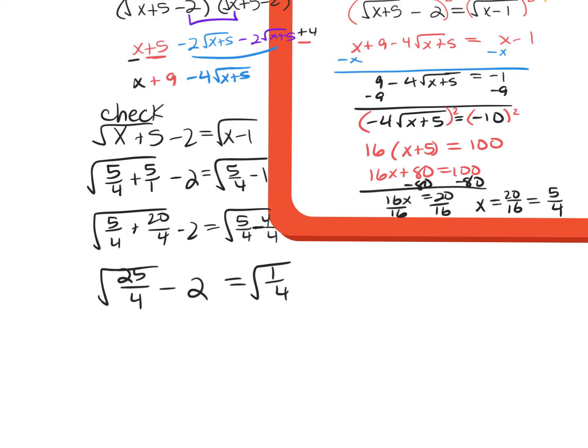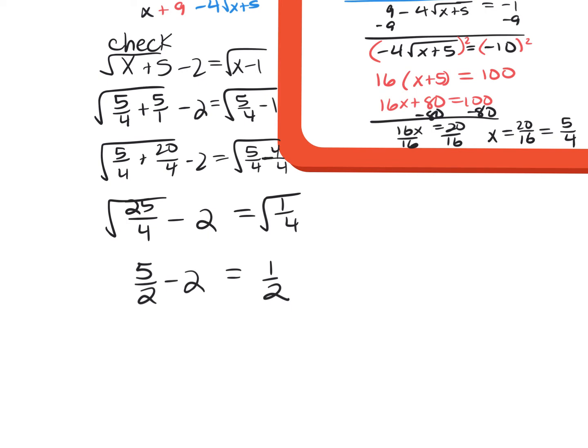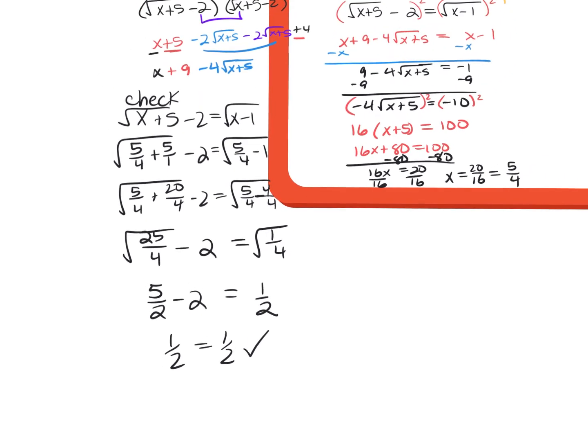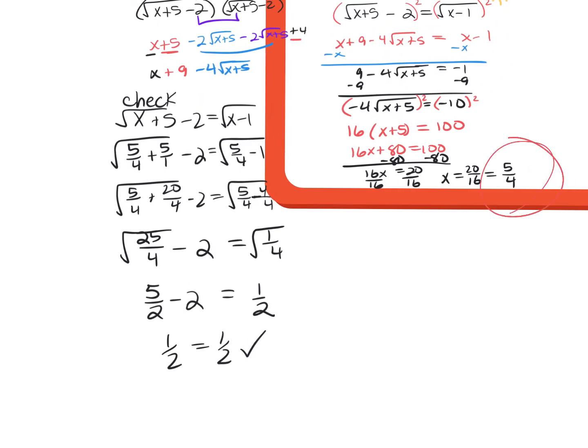Remember, you could do it separately, so this becomes 5 over 2 minus 2, and then this becomes 1/2. And then 5 over 2 is really 2.5, and then this gives me 1/2, and 1/2 equals 1/2, so it checks. So 5 over 4 is a good answer. So the final answer here is x equals 5 over 4.